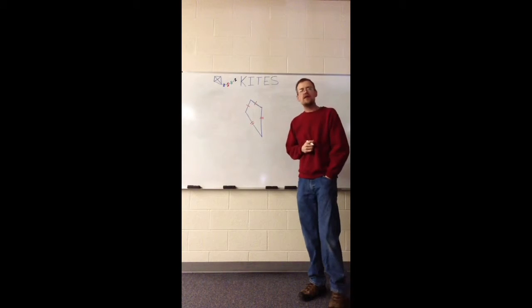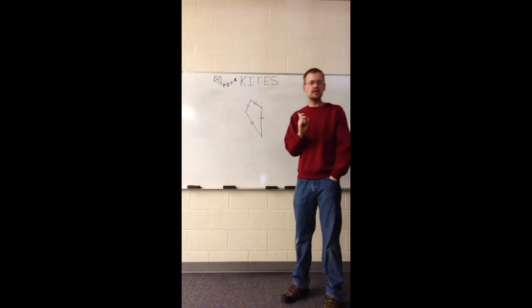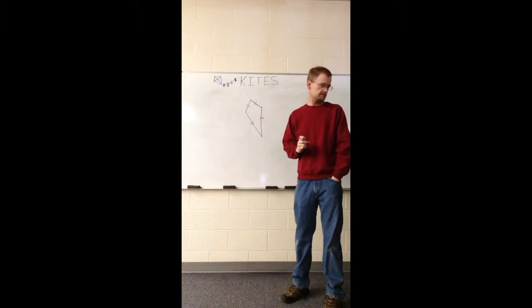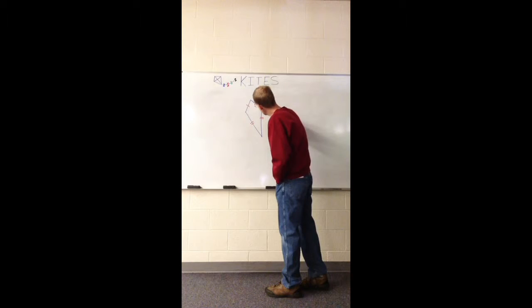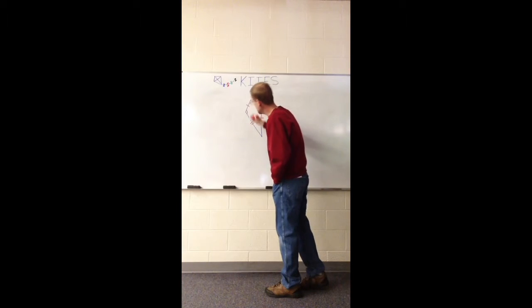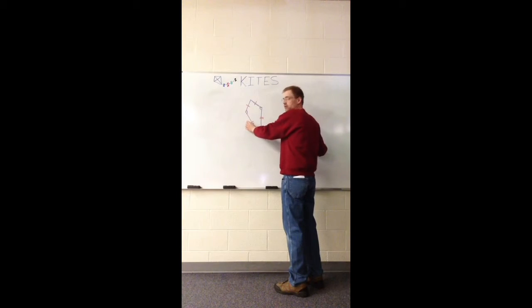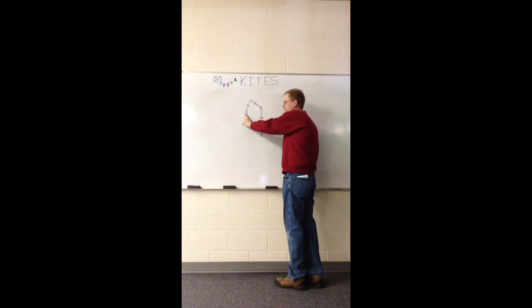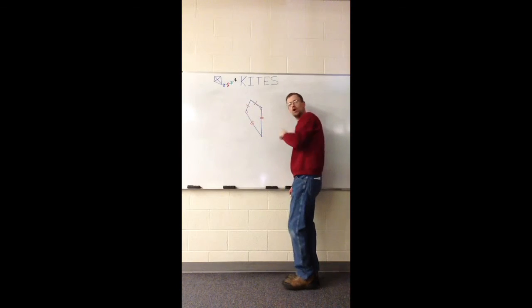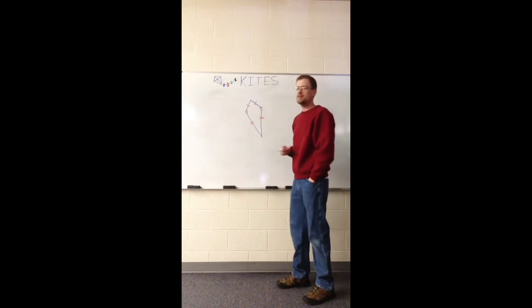Well, it turns out that for the angles, only one set of opposite angles will be congruent. Okay? And it will always be this side right here and here. In other words, look at the angles that are between two non-congruent sides. Okay? This side and this side are not congruent. So this angle and the angle across from it are what will be congruent. Okay? The top angle, the bottom angle are not congruent.